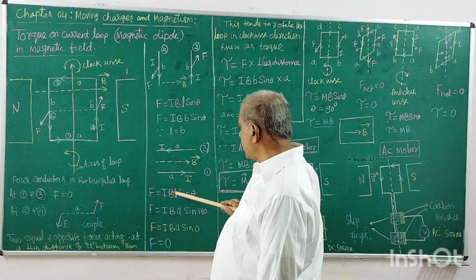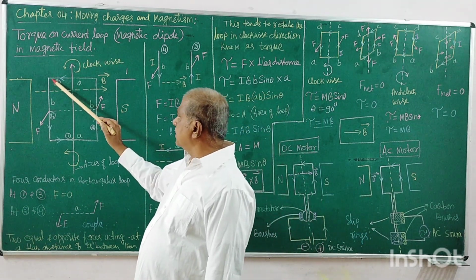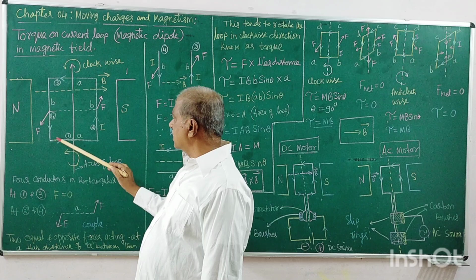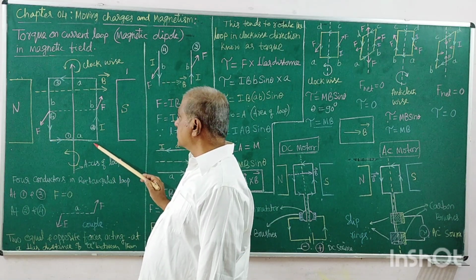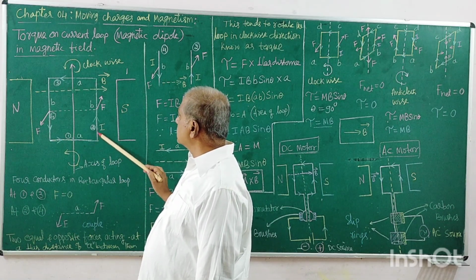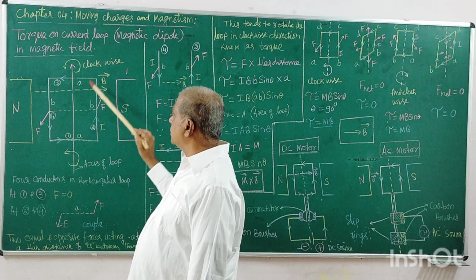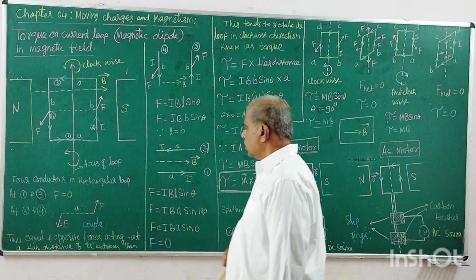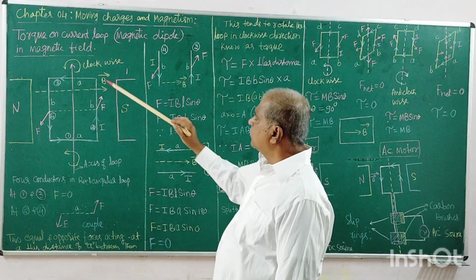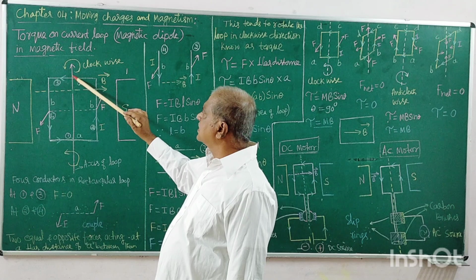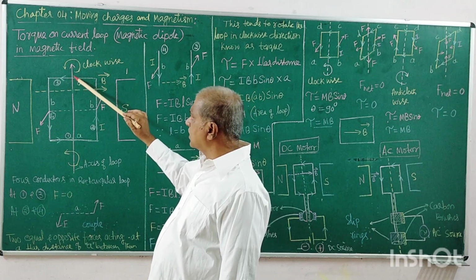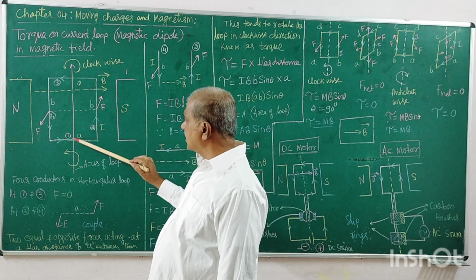A is the length of these opposite sides, and B and B are the lengths of the other conductors. So the force on this conductor is 0.